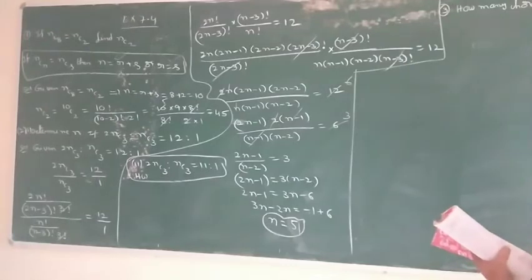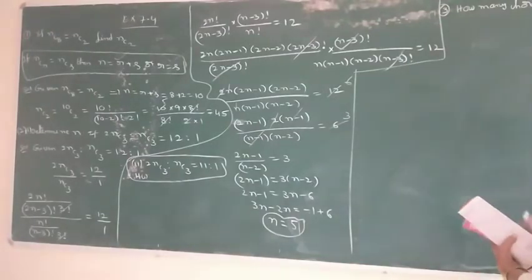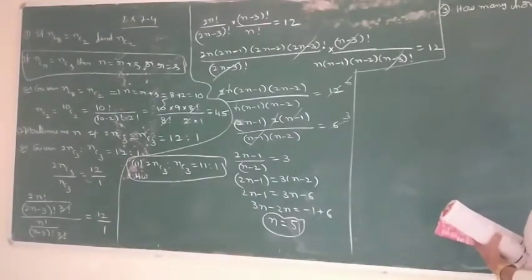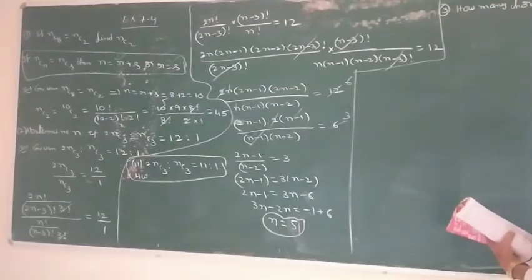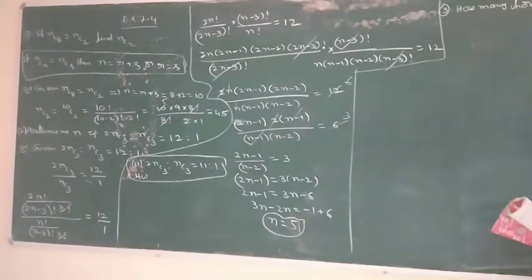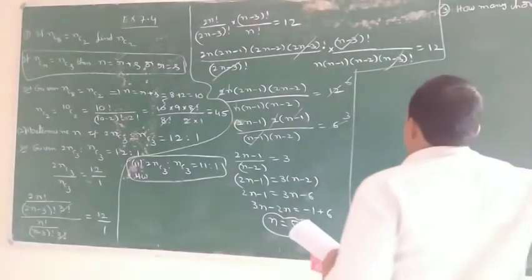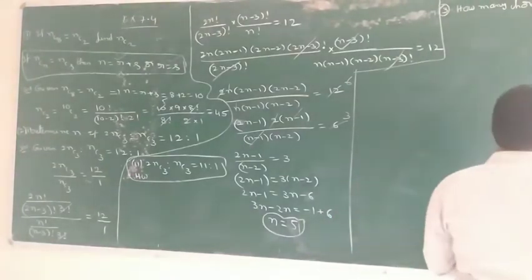Chords can be drawn through 21 points on a circle. For example, a circle.